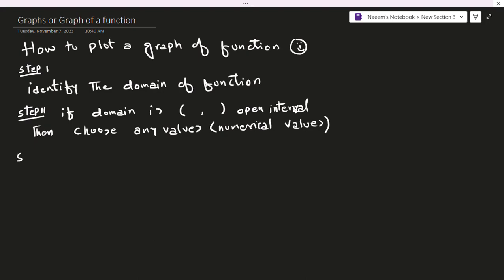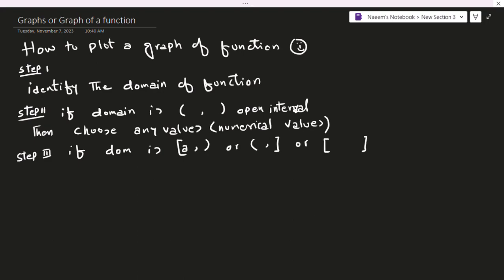Step 3. If the domain is restricted, either this one or this one or this one.